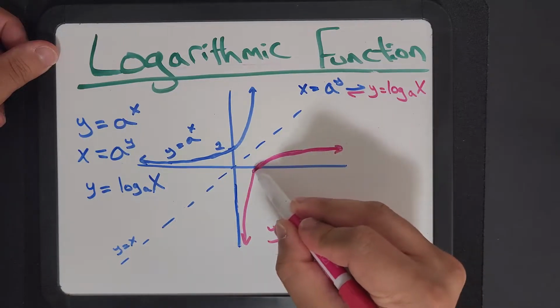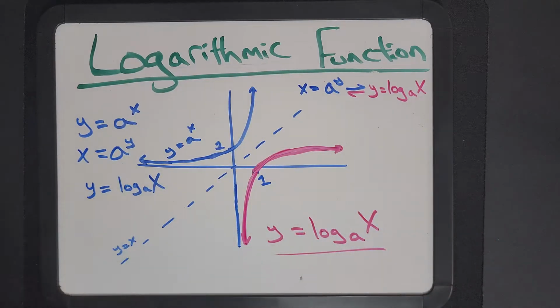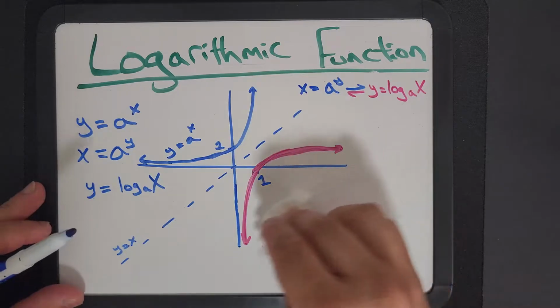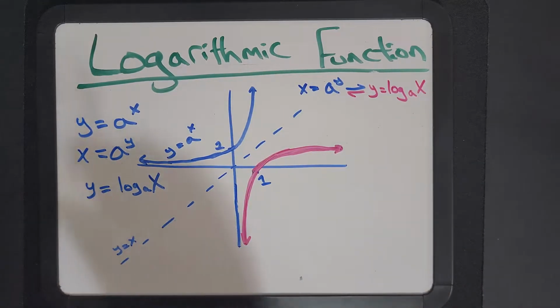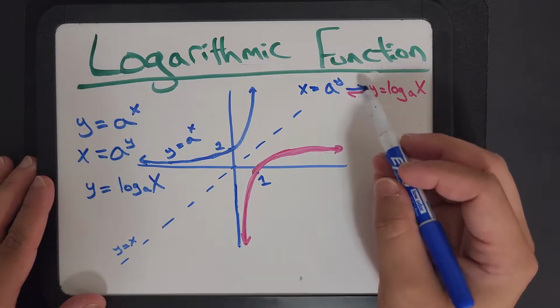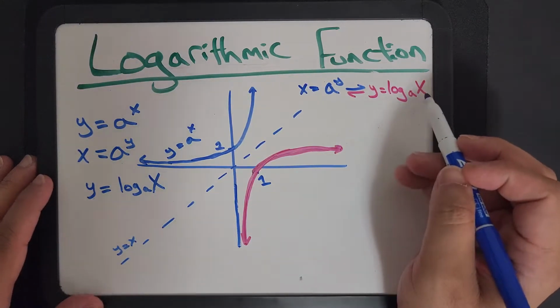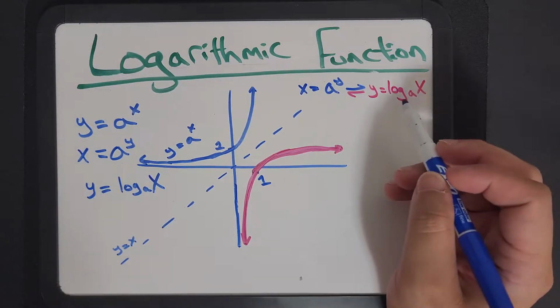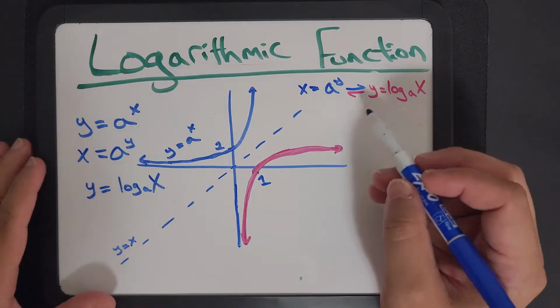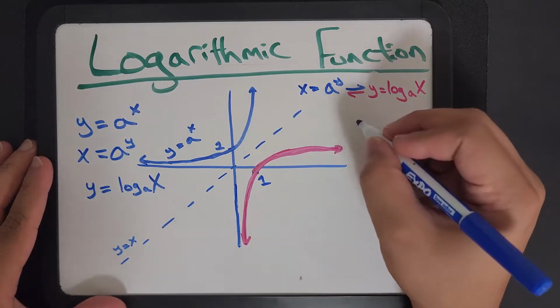Maybe we can look a little more into what it actually means. Since we know x equals a to the power of y, and y equals log a of x, they are equivalent to each other, so we can say that a logarithm is an exponent.